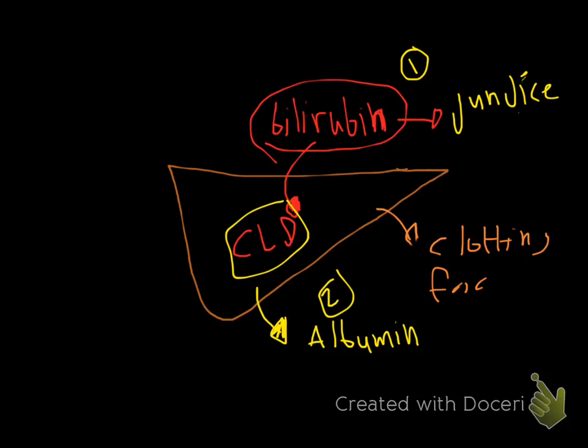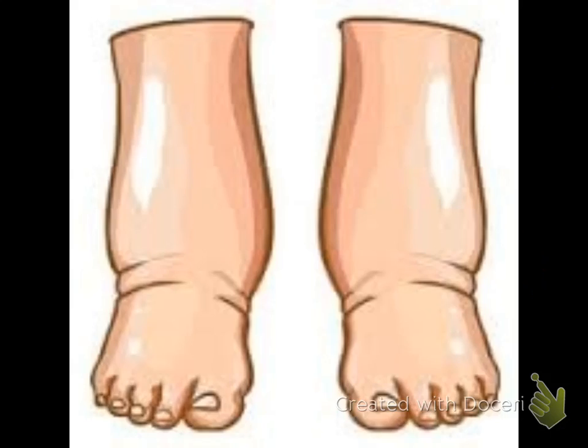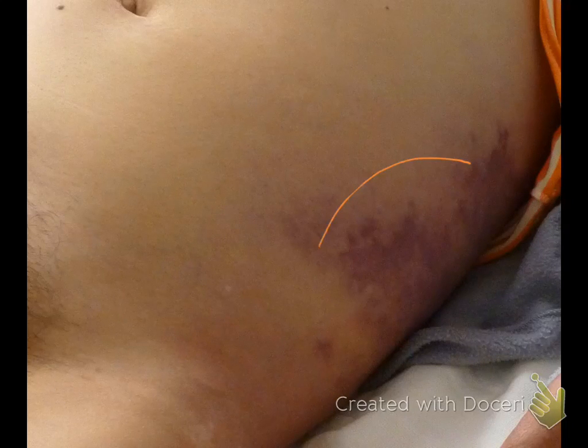Liver failure will mean no clotting factors. Lacking clotting factors will lead to what we call coagulopathy, and the coagulopathy in this situation will manifest as what we call bruising. Okay, this is bruising.